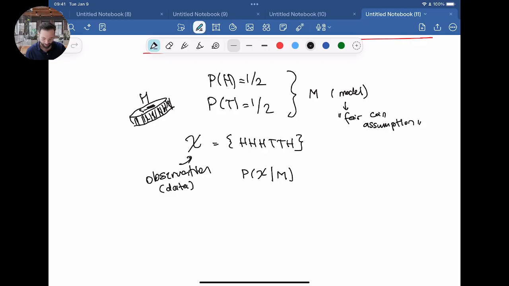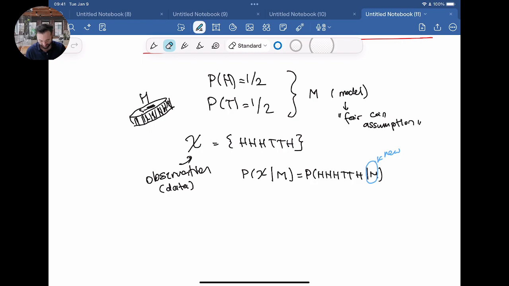Terminology-wise it might look new, but it's actually the same thing. I'm observing the probability of head, head, head, tail, tail, head, and this is still conditioned on the model. This condition part is the new part. It didn't exist in elementary school, but it always existed, except we didn't write it.